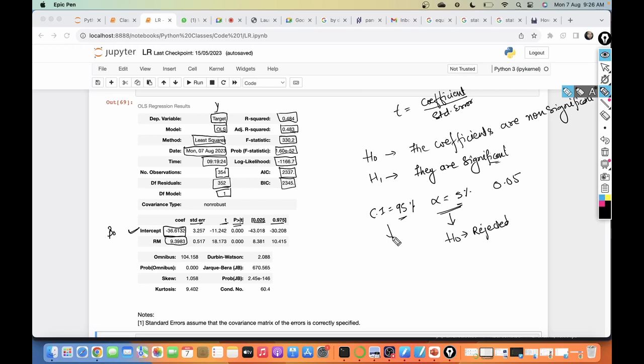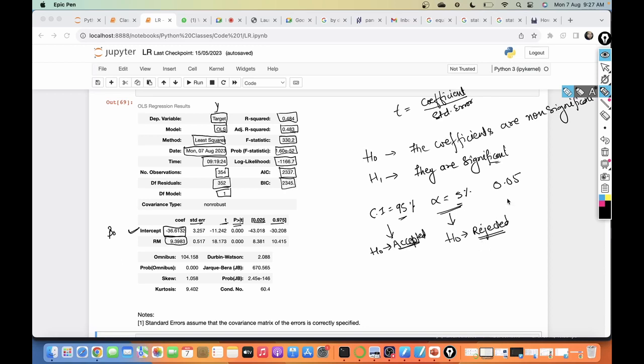But if something falls into the confidence interval, then we say the null hypothesis is accepted.